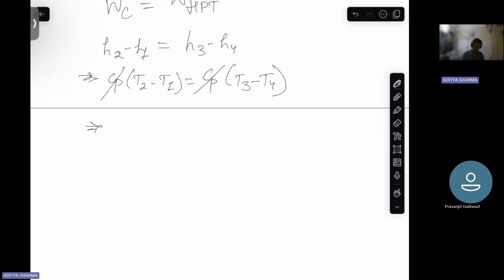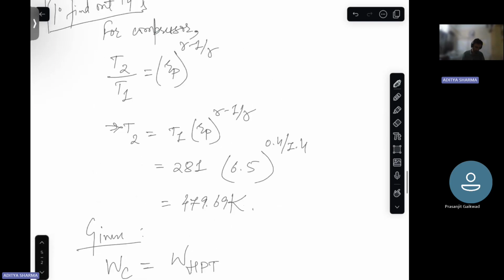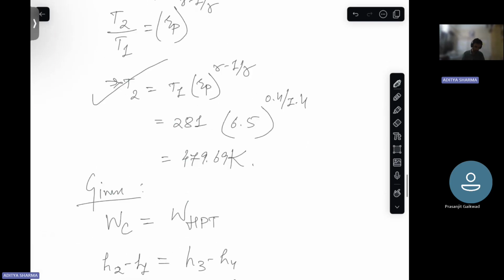In that case, if you take T4 from here, this is T3 minus T2 plus T1. T3 is known to us. T1 is known to us. T2 is not known to us, so we found out T2 here.